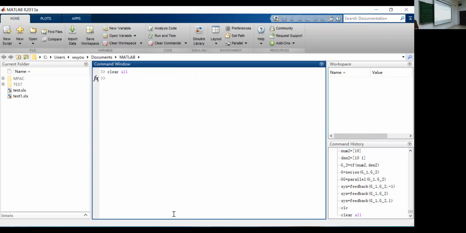Oh, it's so easy because you speak English. So easy, right? But when I started to learn Matlab, the version was 2008.